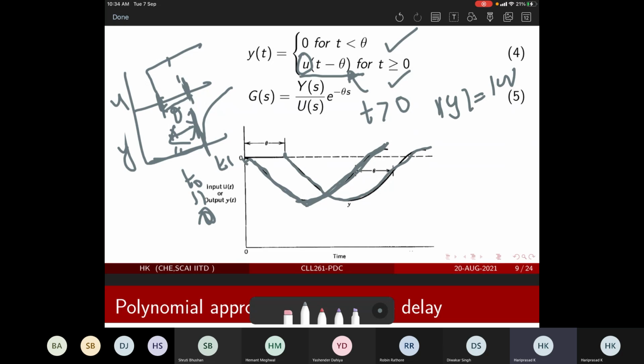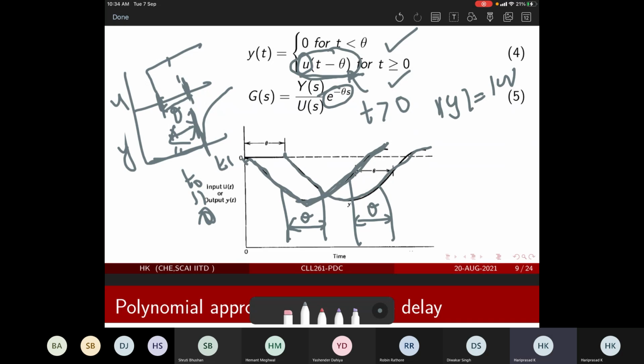So here at every time you can figure out it would be a translation by theta. Every point here is a time translation. So again, our Laplace table says that if it is a time translated output, the Laplace transform is e raised to minus theta s, for a translation value of theta.